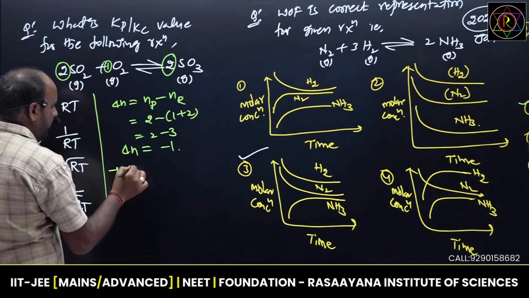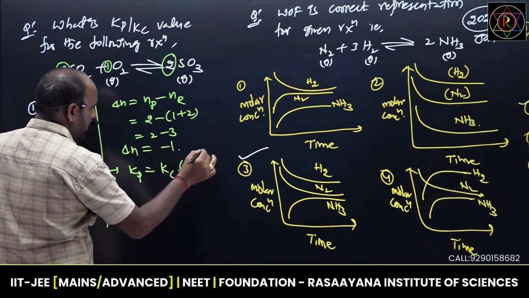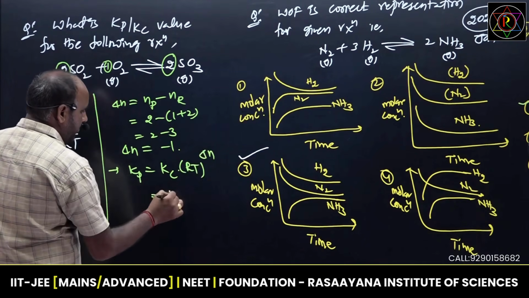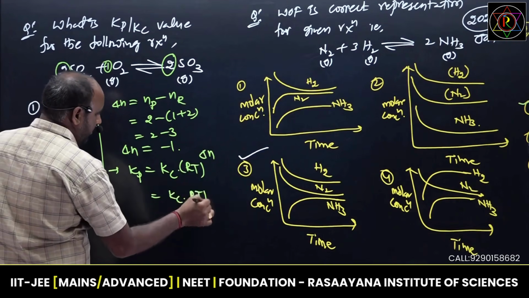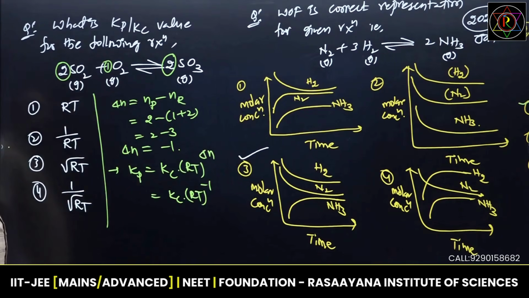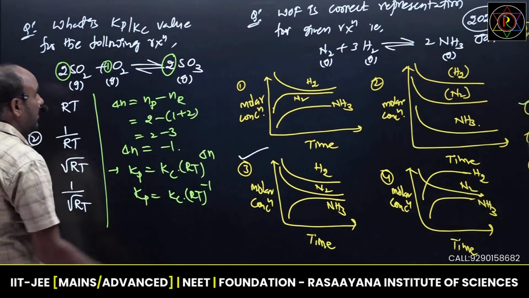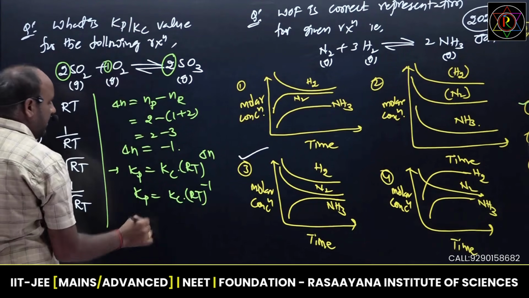Therefore the relation between Kp and Kc: Kp is equal to Kc into (RT) to the power delta n. With delta n equal to minus 1, Kp is equal to Kc (RT)^-1. But our question was the ratio Kp by Kc.